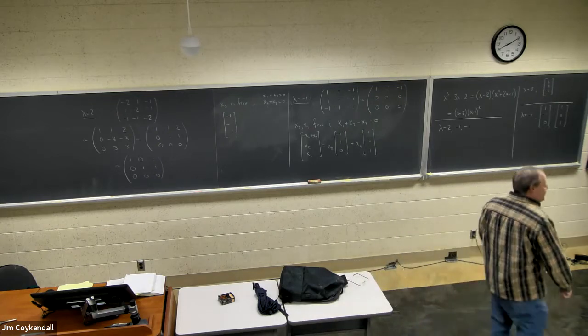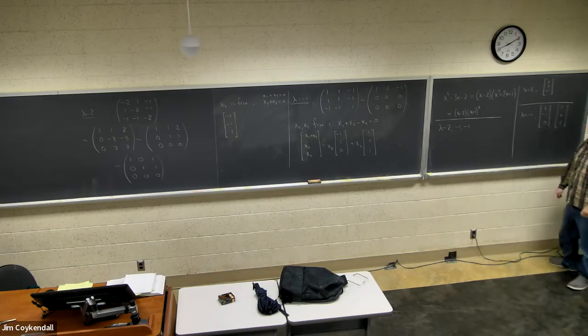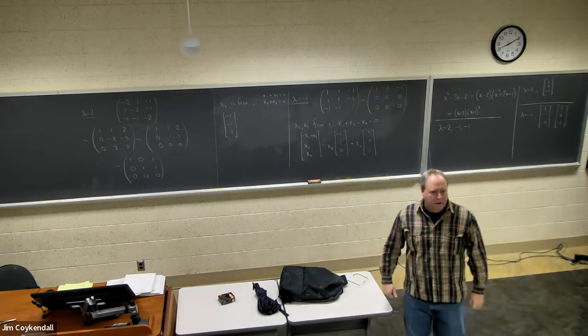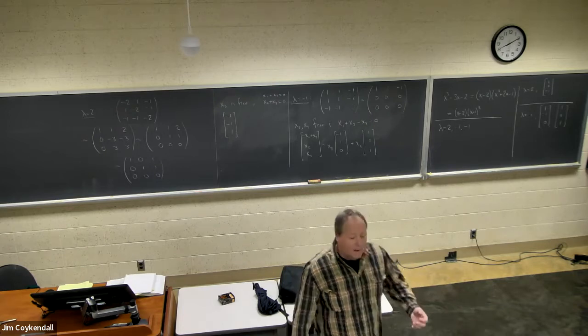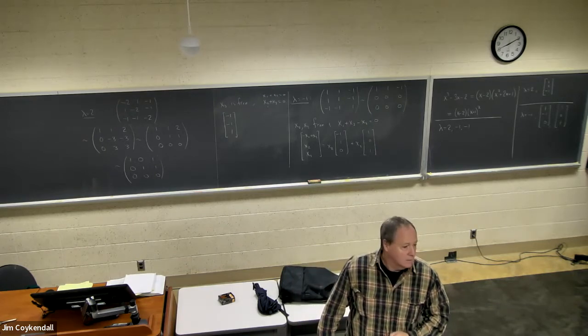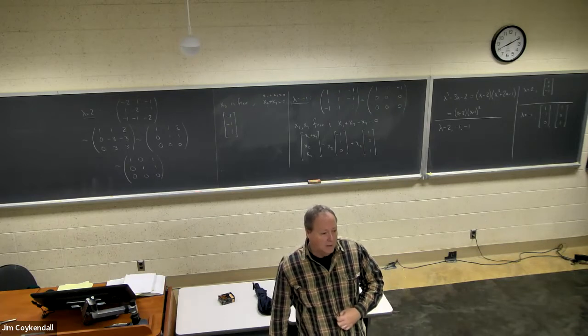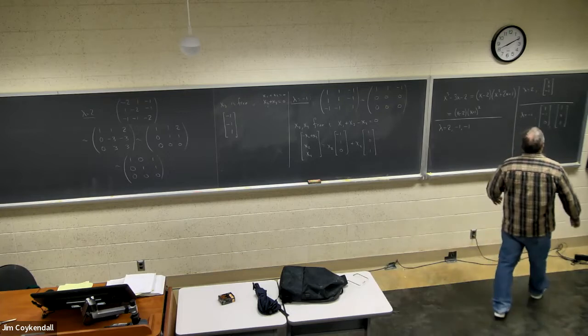Now, let me ask you this. Are those two orthogonal? No, because their dot product, their inner product, is not zero. Correct? Well, we can make them orthogonal, can't we? We can use Gram-Schmidt on this.